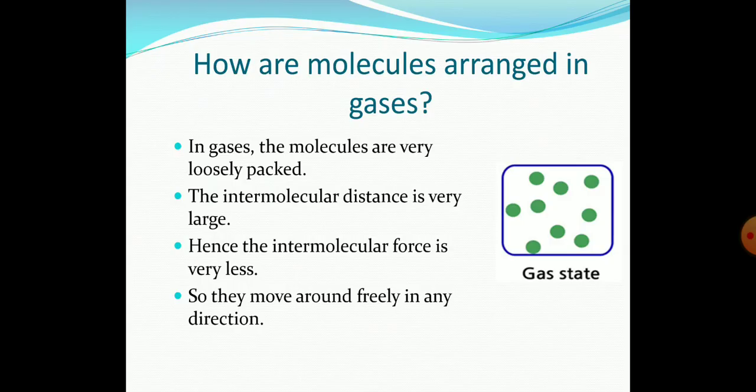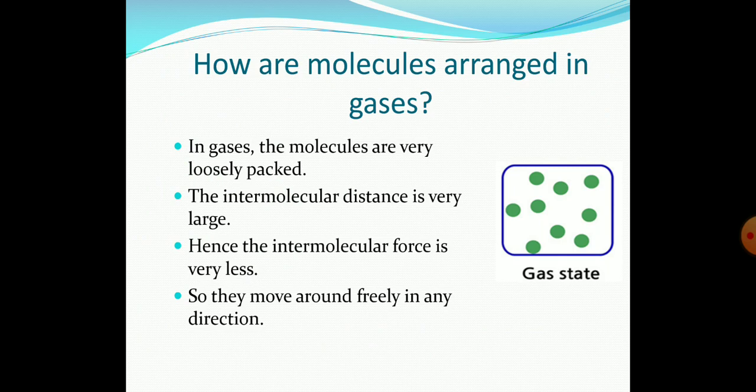Now, how are the molecules arranged in the gas? In gases, the molecules are very loosely packed. That is, the distance between them is very large. So, the intermolecular force is very less. This makes them move freely around in any direction. It makes them diffuse rapidly.